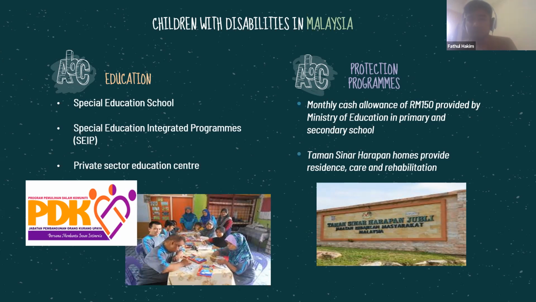Okay, there is also a protection program, where the Ministry of Education provides a monthly cash allowance of RM 150 in primary and secondary national schools. There is also Taman Sinar Harapan, which provides residential care and rehabilitation.